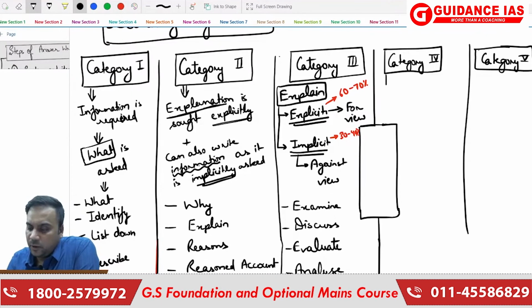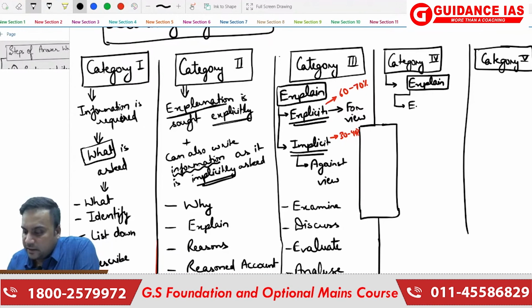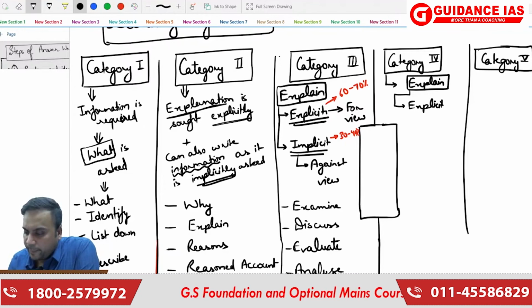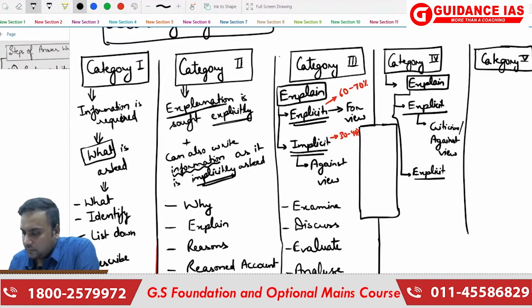Category 4 keyword, what is the case? Here also you have to explain, no doubt, but explaining what? Here now it is becoming explicit: the criticism or the against view, and there is also the explicit for.